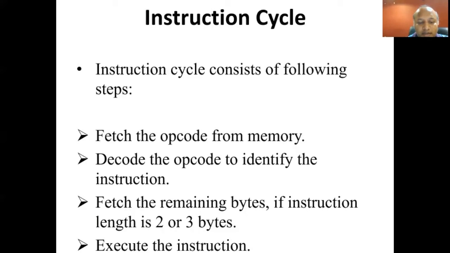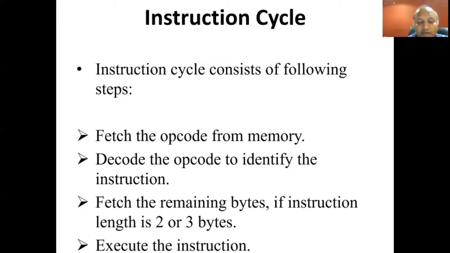At the end of T2, the 8085 will sense the ready input. If it is 0, the 8085 understands that memory is not yet ready to supply the opcode. In such a case, the next clock cycle is not termed as T3. It will be termed as T-wait.